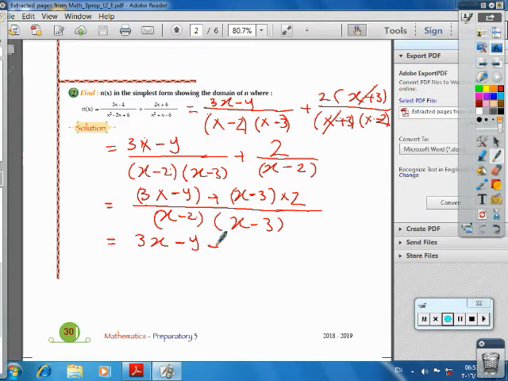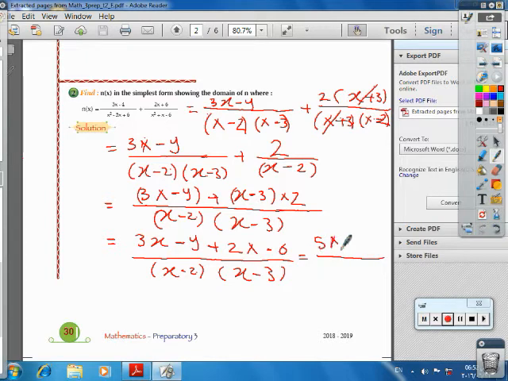Then 3x − 4 + 2x − 6. We can collect them all over (x − 2)(x − 3). To collect the numerator, 3x + 2x equals 5x, and negative 10.